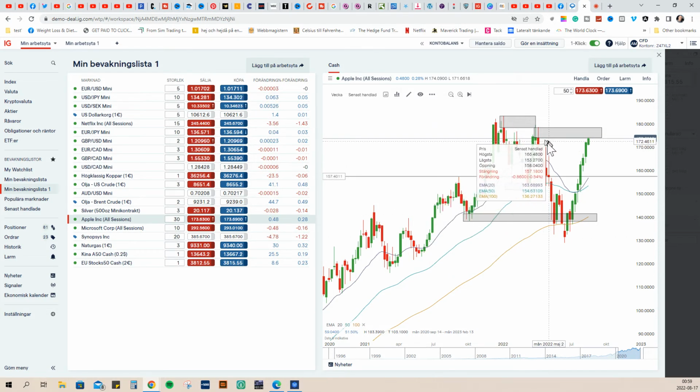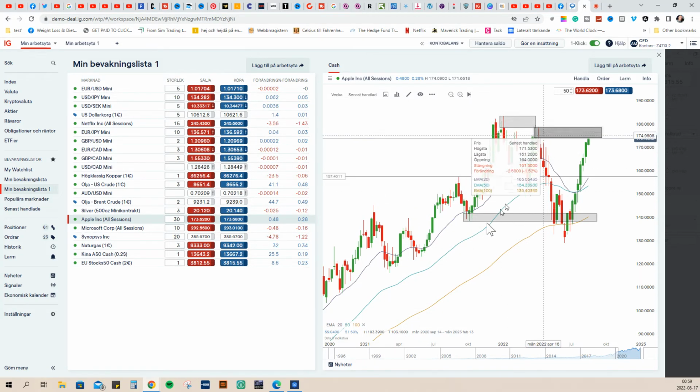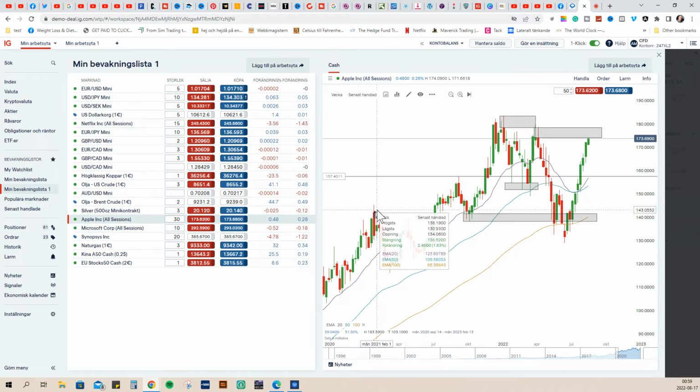These value zones are most accurate and effective at very high levels at the top or at the very bottom of assets when you're trading them. So these are much more accurate than using this one and thinking this is the highest level.